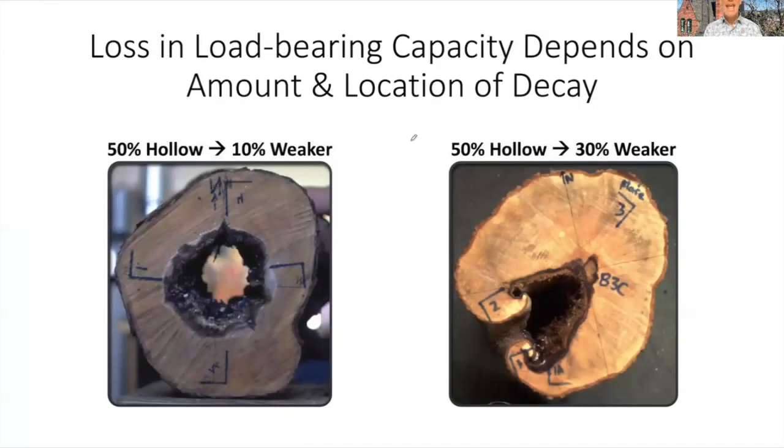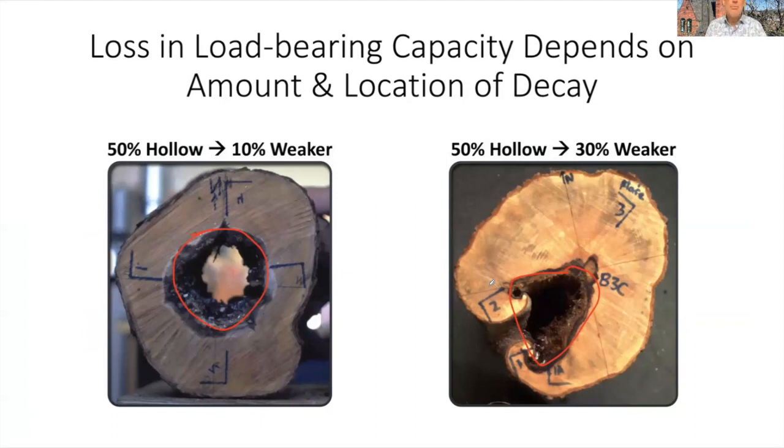The effect of decay on the loss in load-bearing capacity depends on two factors: how much decay is present, as well as where the decay is located. So the two images shown here, these are very rough estimates, but let's say that both of these areas of decay, the image on the right and the image on the left, represent a 50% loss in wood.